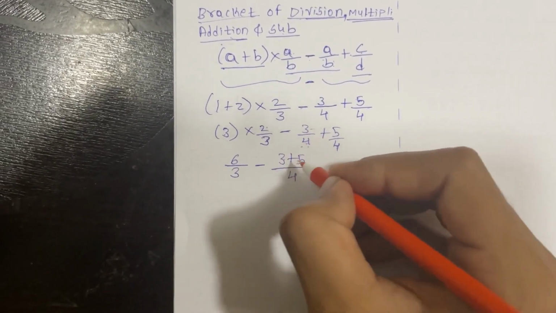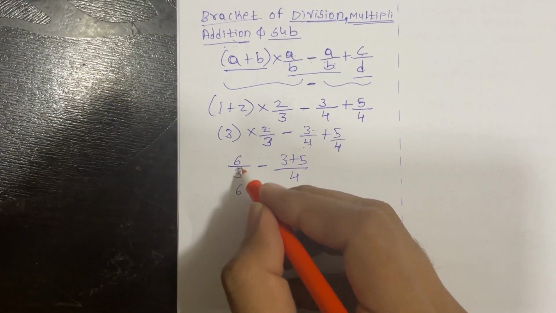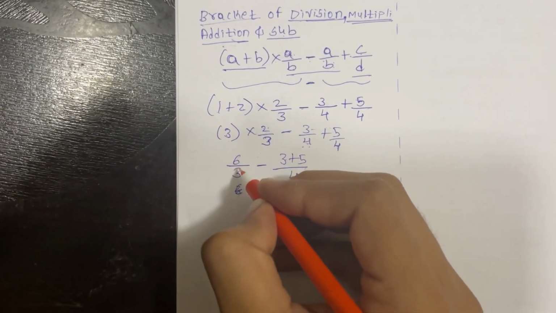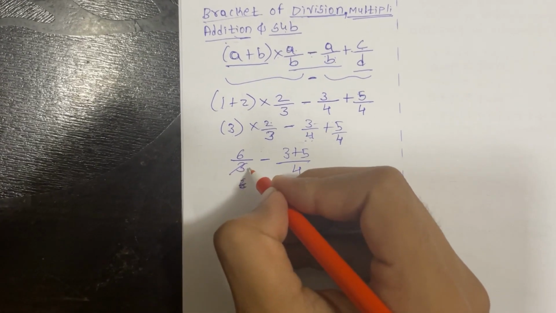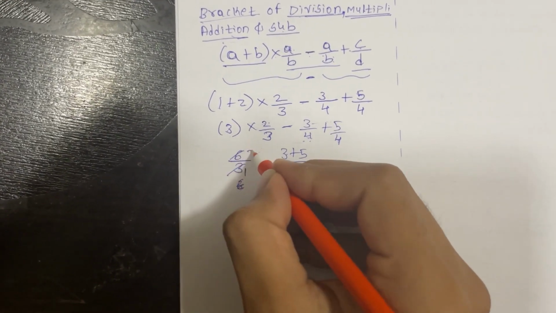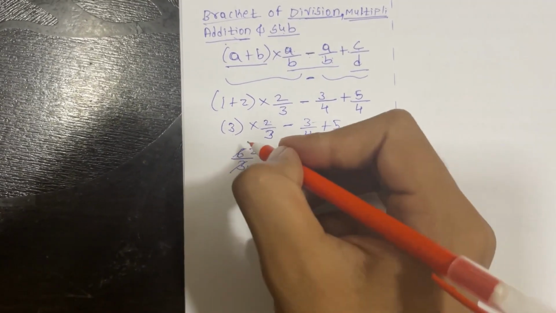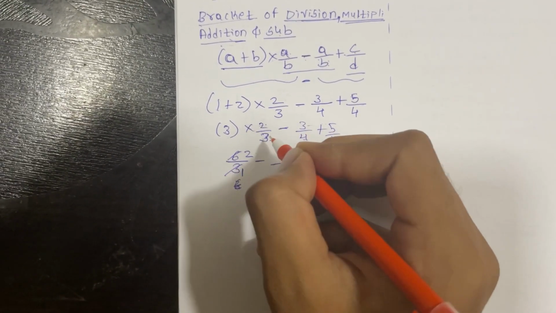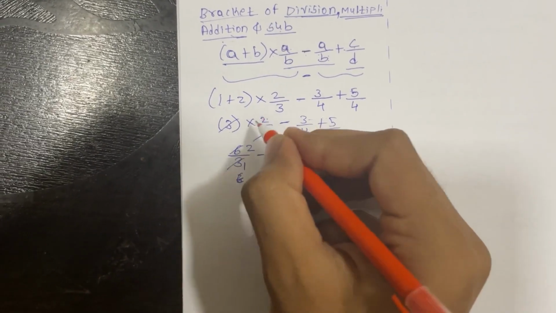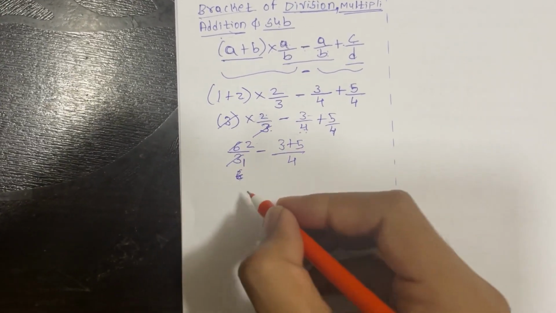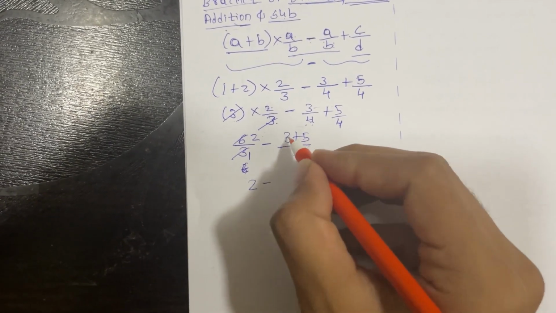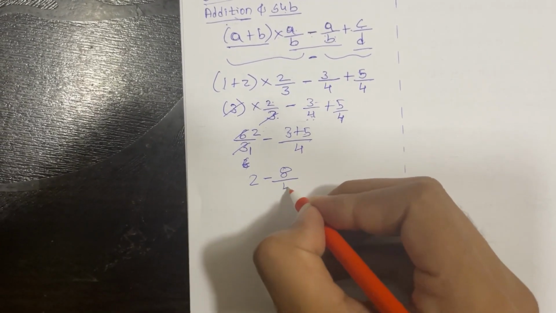Then further solving, we can simplify this. 3 ones are 3, 3 twos are 6. Or else we can do it in this form also, like 3 into 2 into 3, so 3 cross 3. We can do it both ways. So I will write here 2 minus, now this will become 5 plus 3 is 8, so 8 by 4.